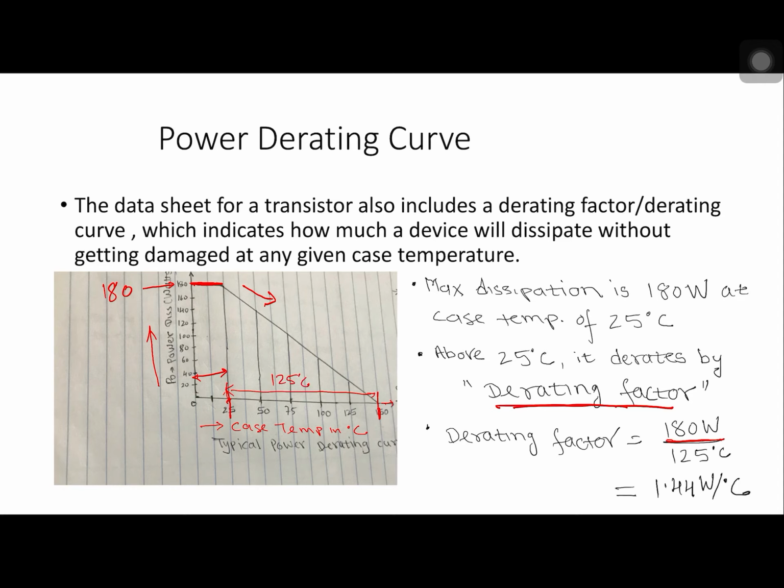So this value, 1.44 watts per degree Celsius, is the derating factor here. So most data sheets will give you the derating factor. At times you may find a derating curve in the data sheets.